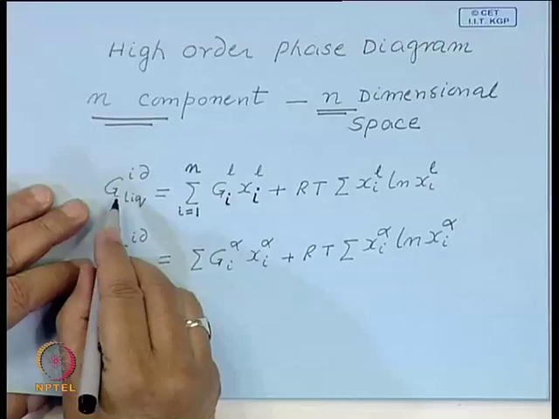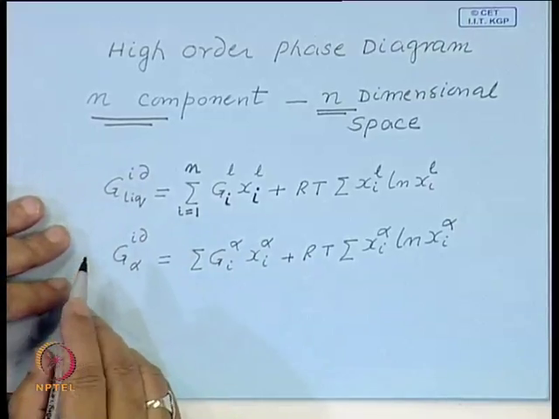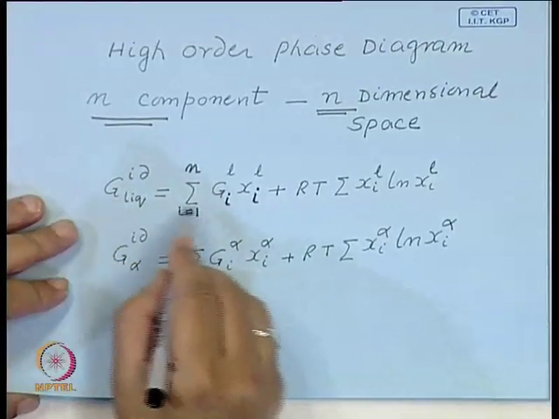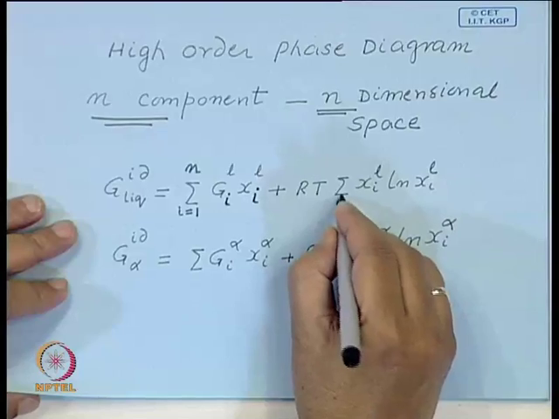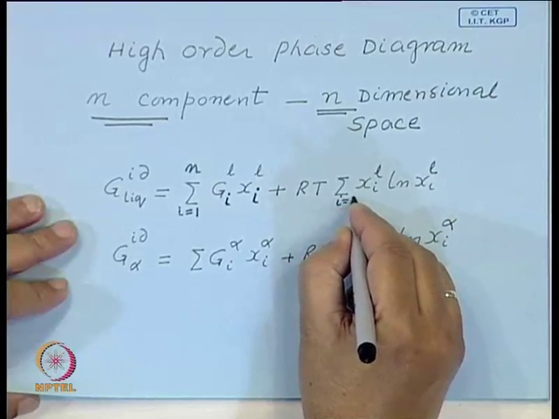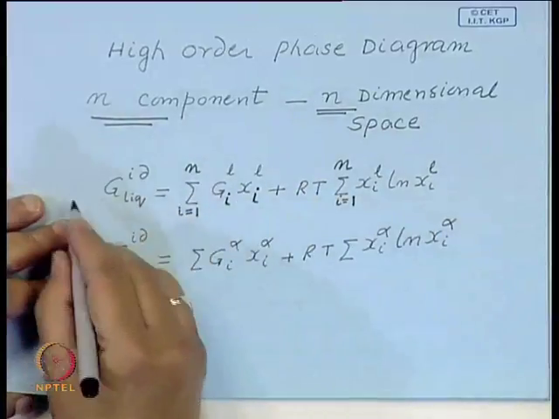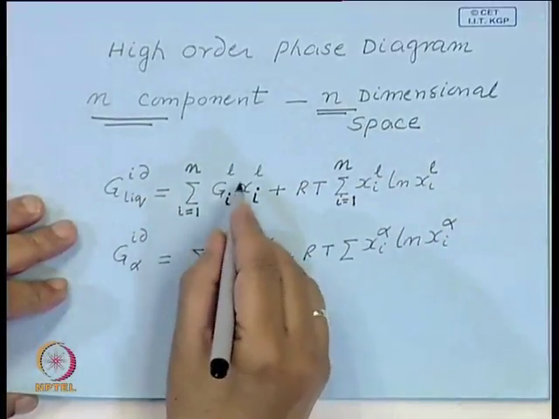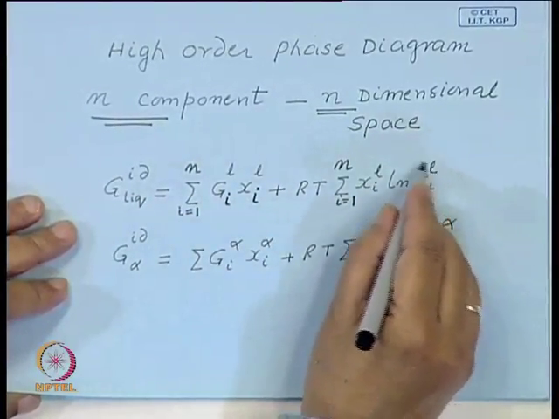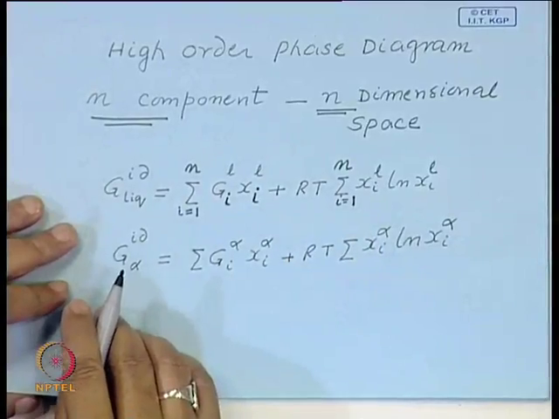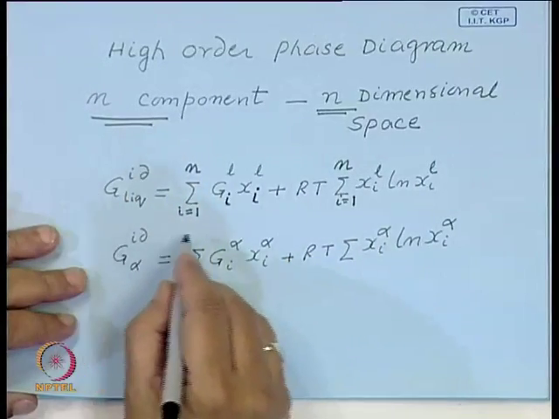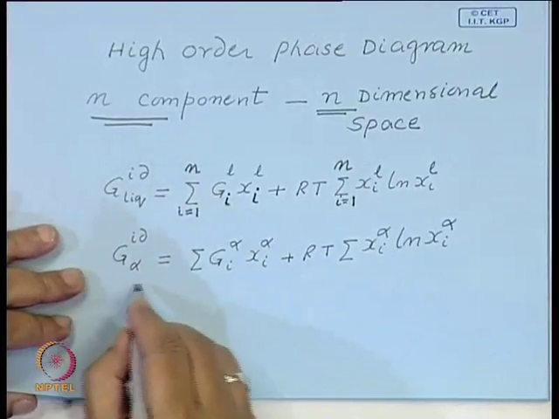If we assume the solutions are ideal solutions, then the free energy of the mixture will be represented by these. These are the standard state free energies, and this is the free energy of mixing. Similarly, you will have a similar expression for the solid.